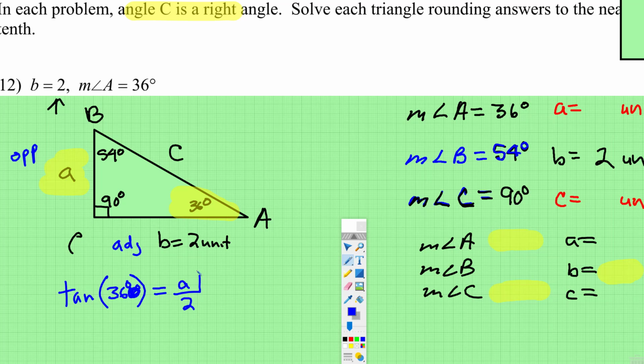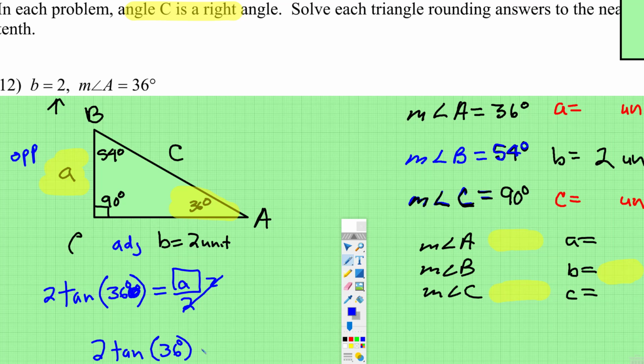Well, we want to get A by itself. The inverse operation to dividing by 2 is multiply by 2, and the equality property says that whatever you multiply on one side, you multiply on the other, and then it's just a calculator keystroke. 2 times tangent 36, close the parentheses, enter. So it would look like this: 2 tangent, left parenthesis, type 36, right parenthesis, and we know that's 36 degrees.